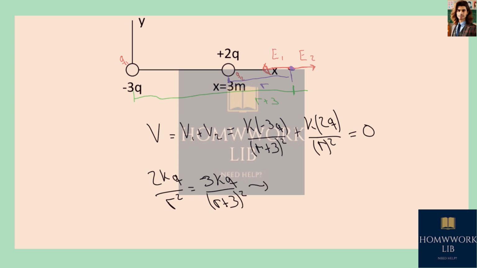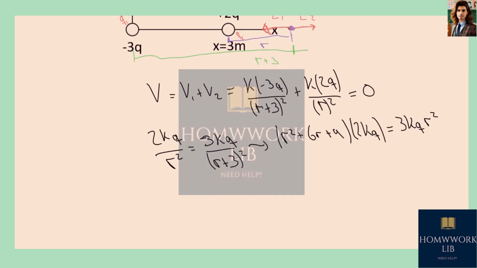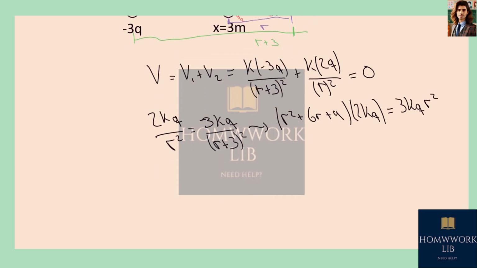Let's separate these equations. We're going to get (r plus 3) squared is r squared plus 6r plus 9. This is going to be multiplied by 2kq, and this is going to be equal to 3kq times r squared. Putting things together, let's collect the 3kq times r squared towards the left.